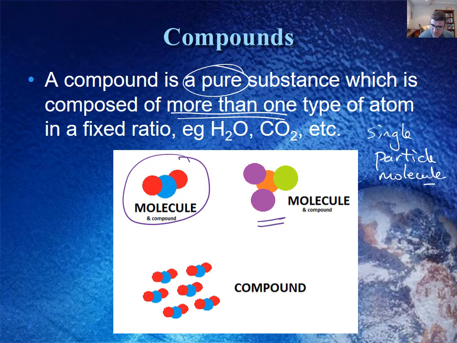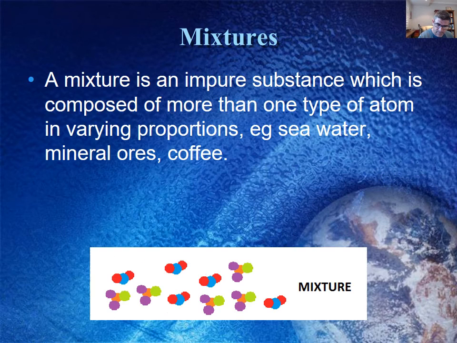Each of the particles is identical. Whilst we have more than one type of atom, as a molecule, all these molecules look the same. They're only the one type, and therefore we have a compound. Water and carbon dioxide are different types of compounds.